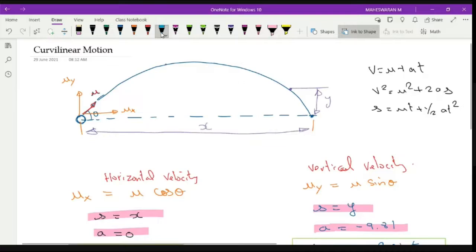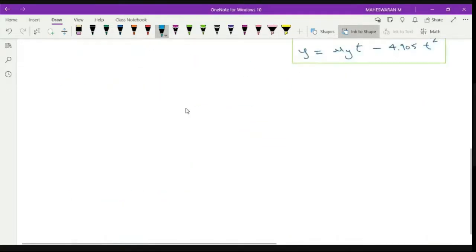For example, let me consider you have a ball here and you are throwing it like this, and I want to identify the height to achieve this. My initial position is here.